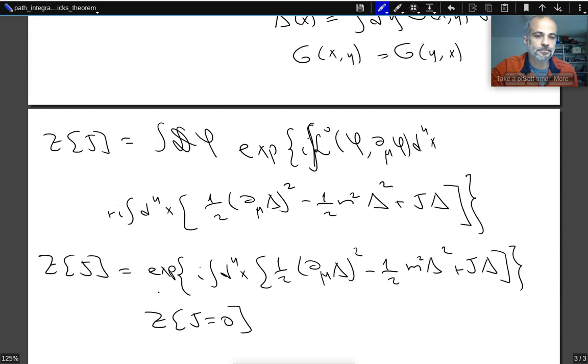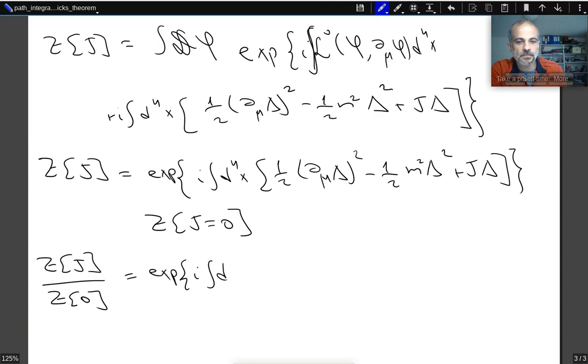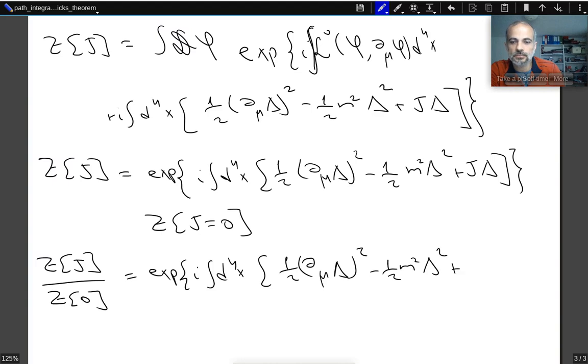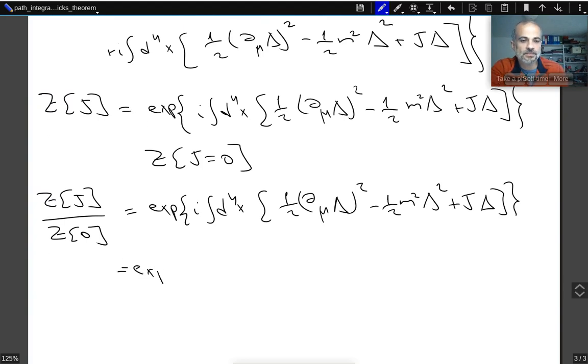So Z of J over Z of 0 is equal to exponent i d4x 1 over 2 del mu delta squared minus 1 over 2 m squared delta squared plus J delta. Now let me simplify that exponent even further. I will do an integration by parts over this term.